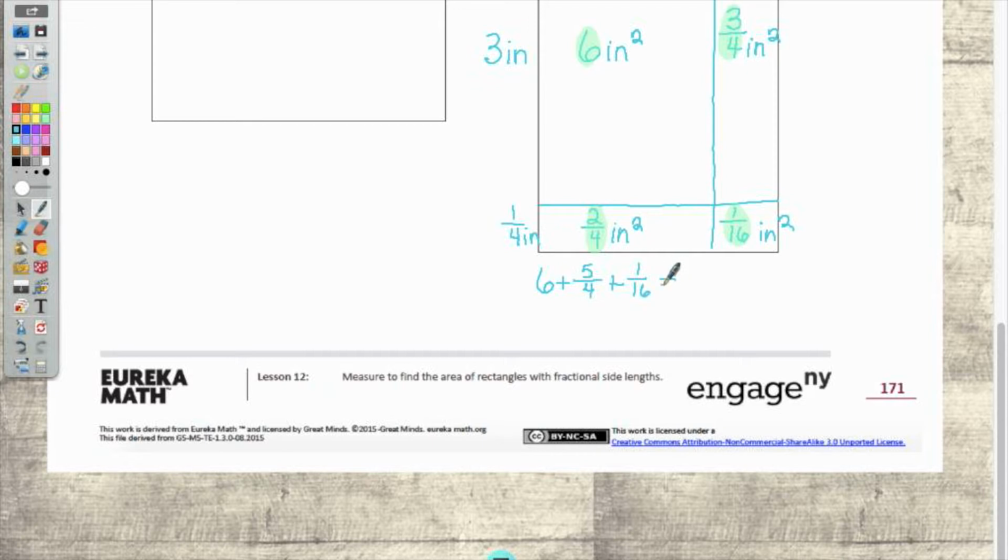Then I'm going to put equals, and do 6 plus all the way down. Okay, so common denominator for 4 and 16, Samaja.